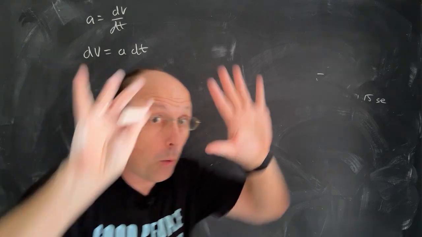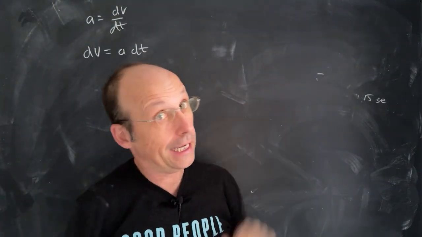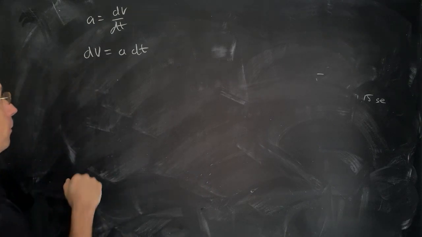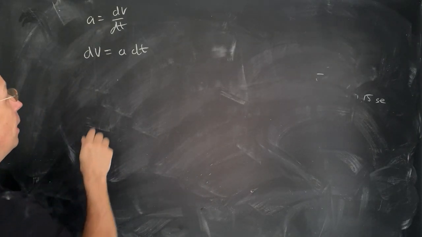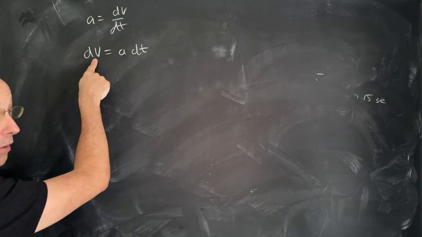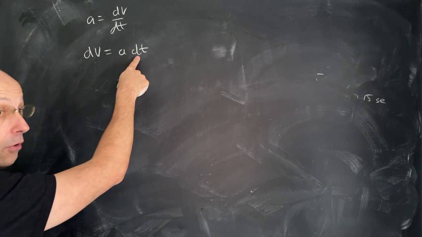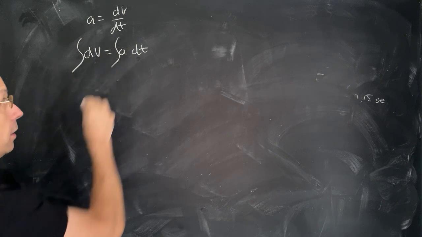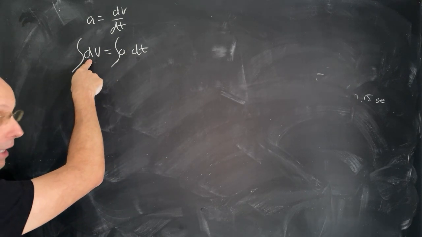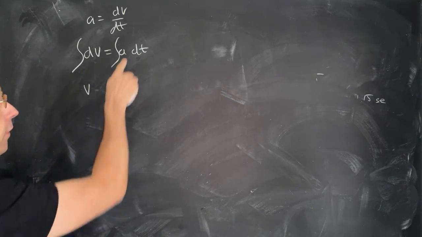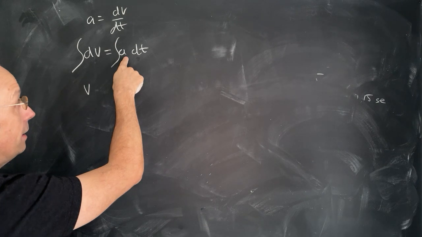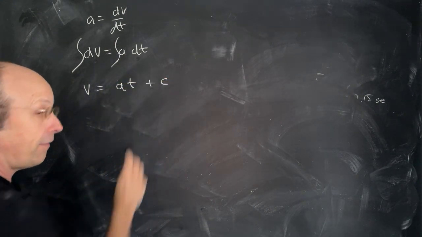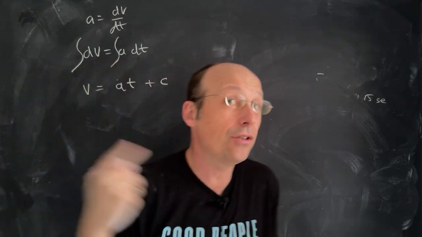And you might think, whoa, whoa, whoa, I took math and you can't do that. You totally can. Don't listen to those mean math people. I'm just kidding. Okay, so now I have a term that only depends on velocity and a term that only depends on acceleration. I can integrate both sides. The integral of dv is just v. The integral of a dt is a t, but I have to include a constant, which I'll call c, because I didn't do limits of integration.